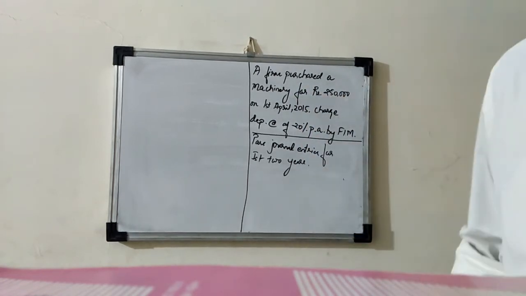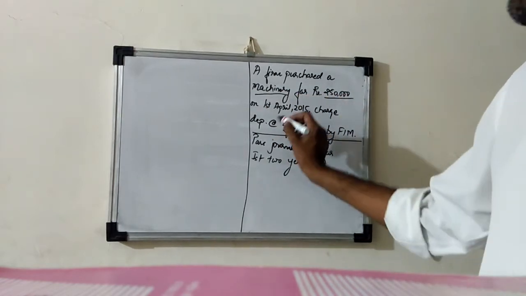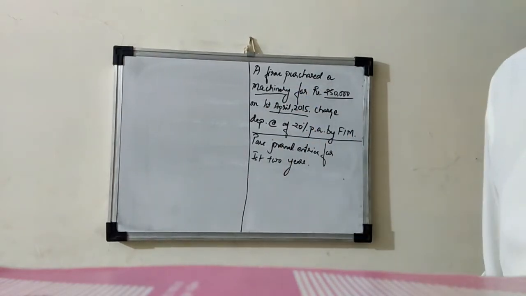Firm purchases machinery costing rupees 2,50,000 on 1st April 2015.